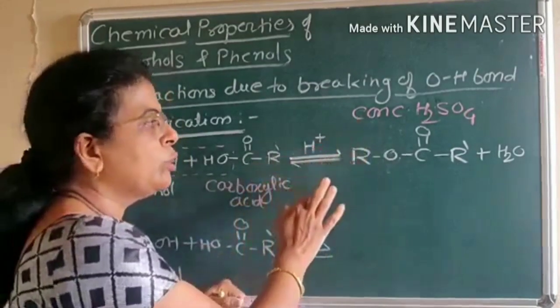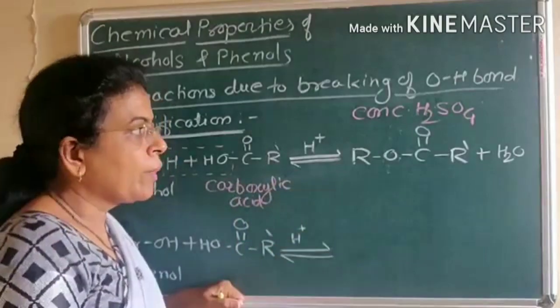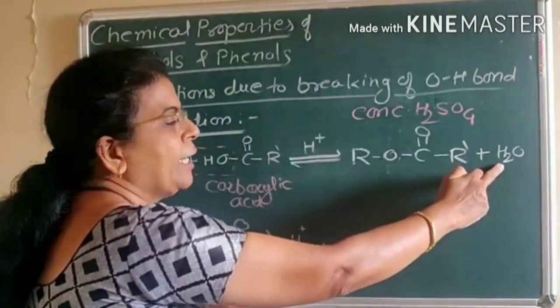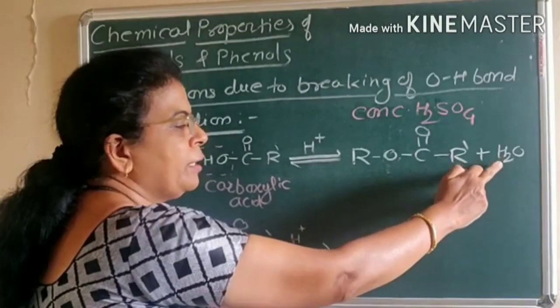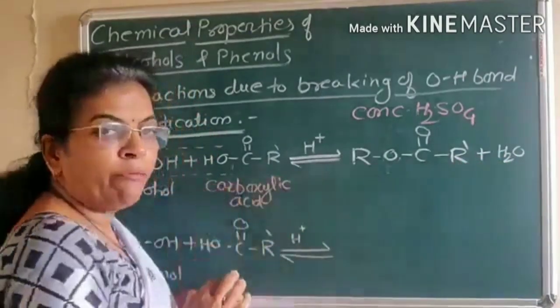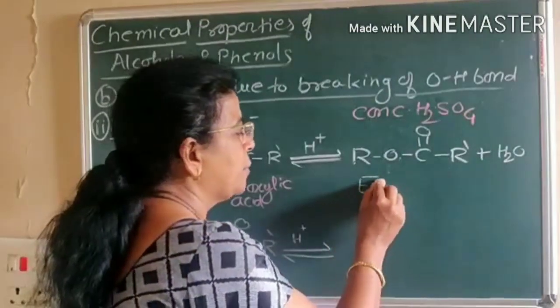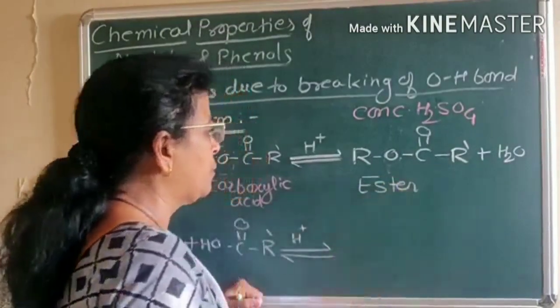This concentrated H2SO4 acts as a catalyst to form ester and also acts as a dehydrating agent. If this H2O is removed, then the backward reaction is not carried out. This compound is ester. Here formation of ester takes place.